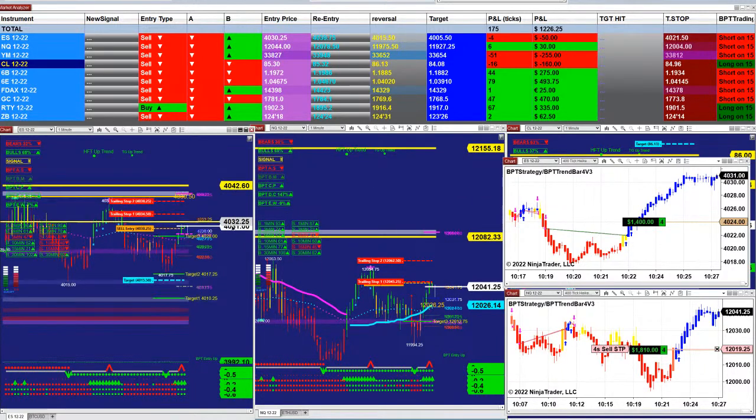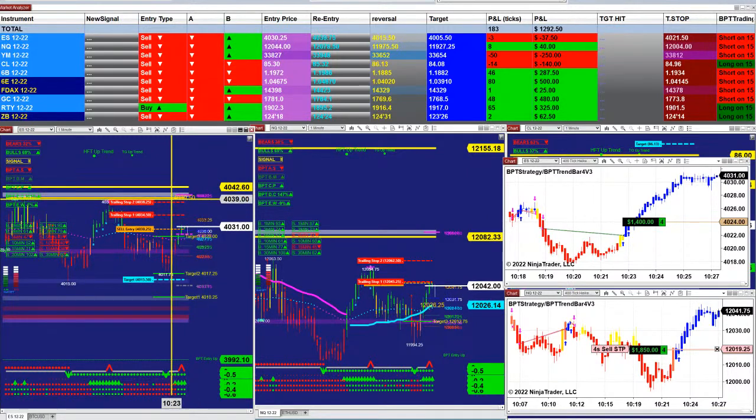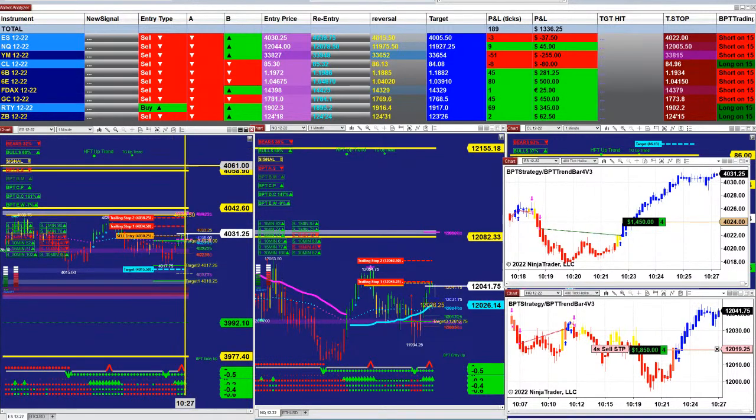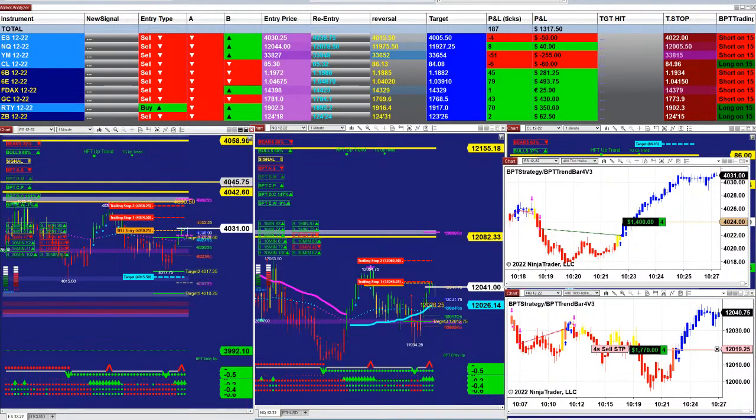We need much stronger momentum, and we need the ES to break the 4039. Then we are on to the next level, 4061, and that is a very good movement.